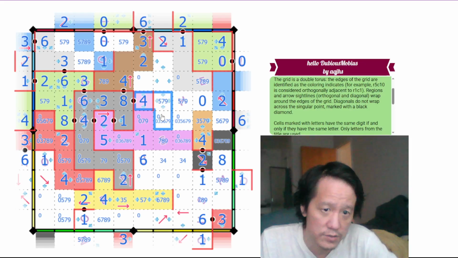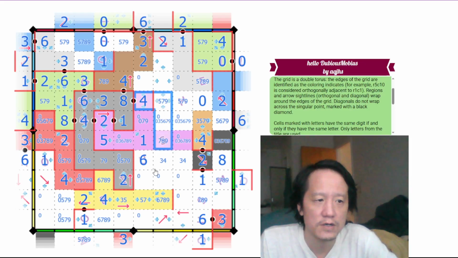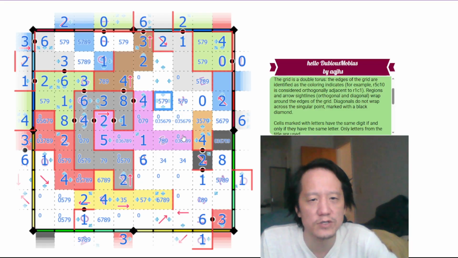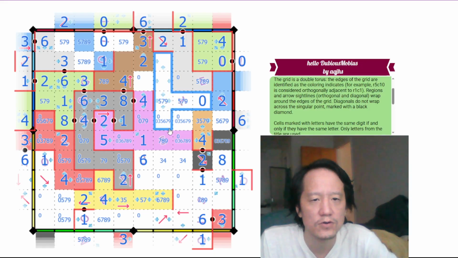It sees 1, 2, 3, 4 cells. So that can't be. This is a part of another region. So it sees 1, 2, 3, 4, 5. It has to be 5. I guess it could be part of blue. So it could be more than 5.